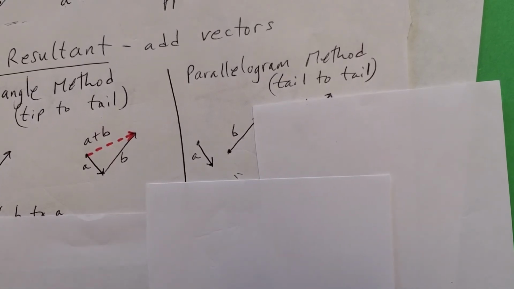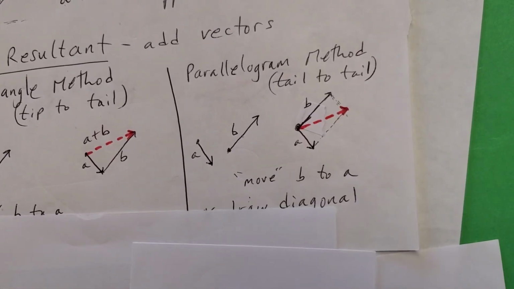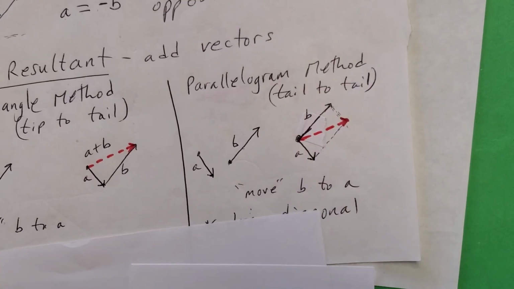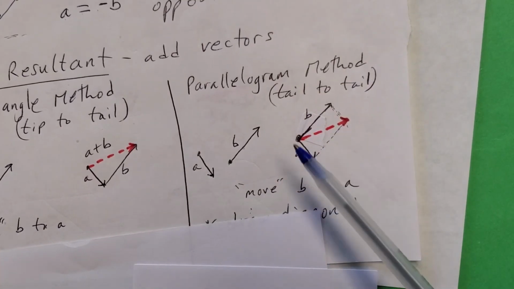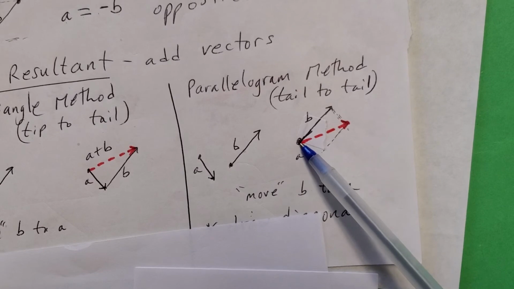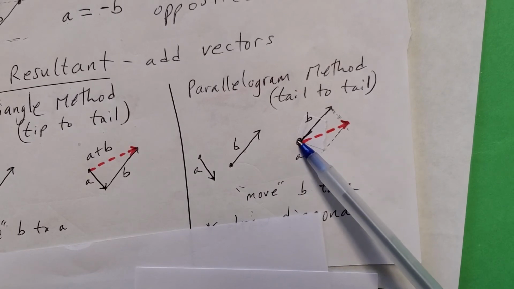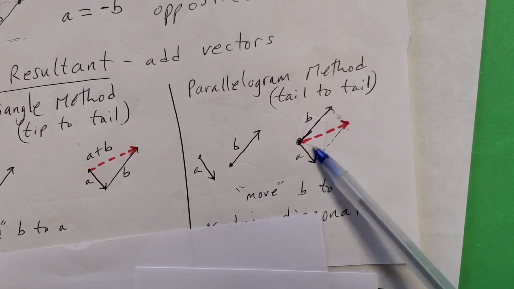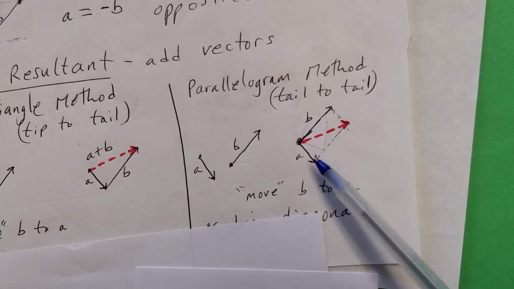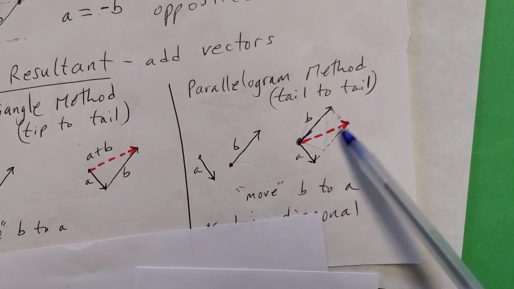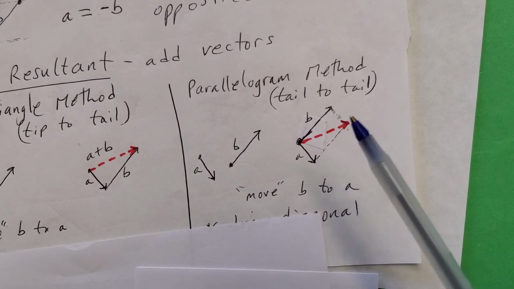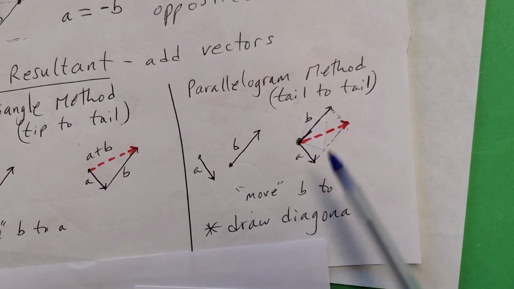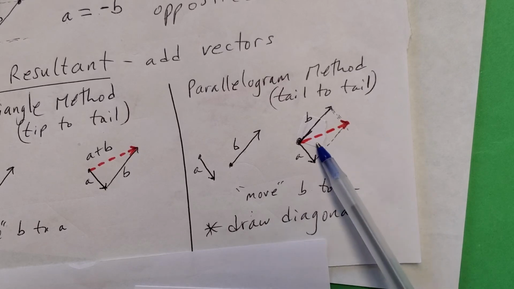Okay, so in your notes, copy it this way. You redraw A and B together at the tails, tail to tail, and then create a parallelogram with those two sides. See the parallelogram? And then once you have the parallelogram, draw the diagonal, and that will be the resultant.